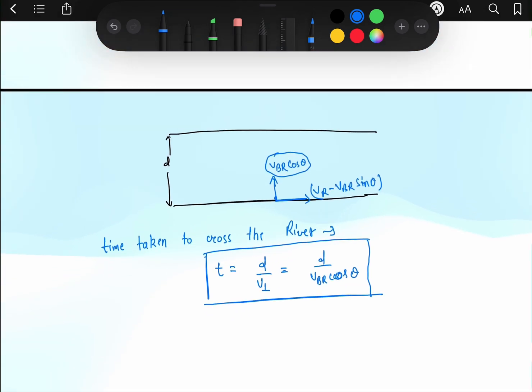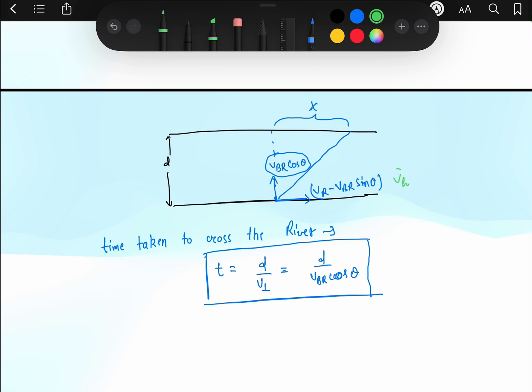Now if I want to ask what is the value of this horizontal shift that we call the drift: the component responsible for the drift is the horizontal component.